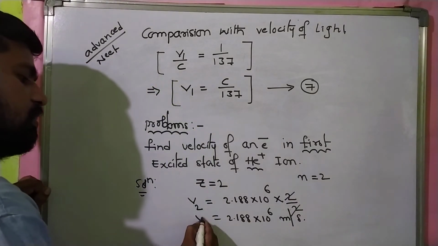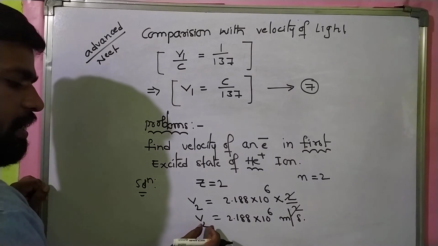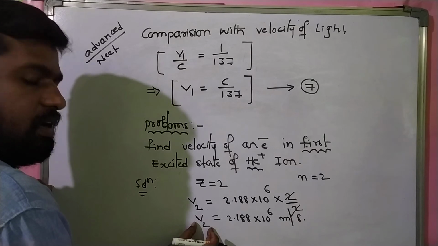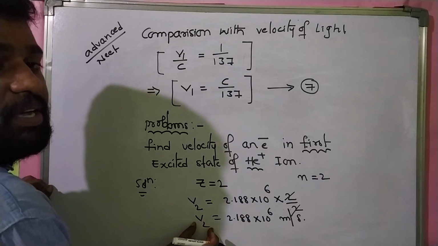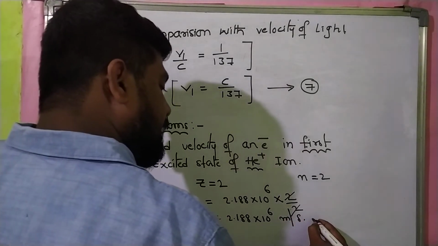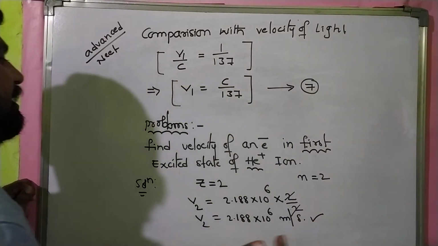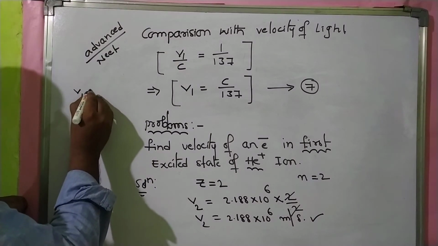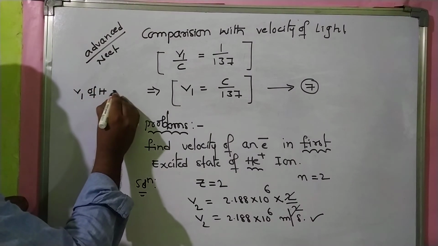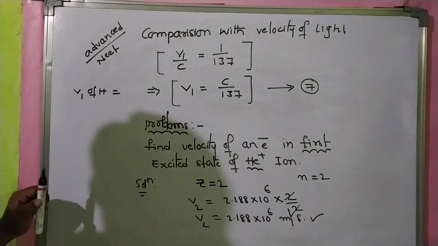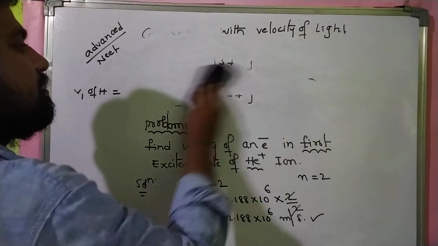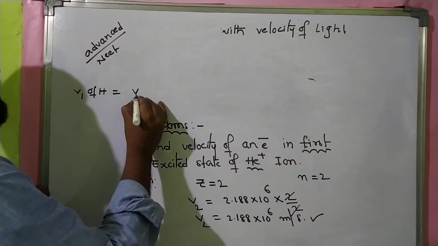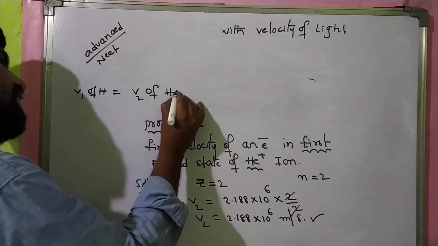By carefully observing this with the velocity of the electron in the first orbit of the hydrogen atom, you can get one conclusion: V1 of hydrogen equal to V2 of helium plus ion.